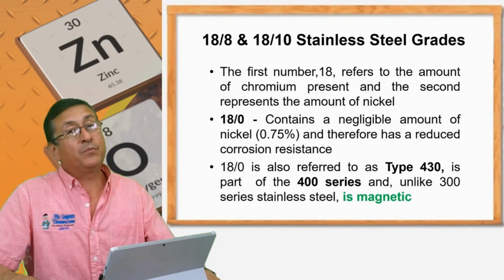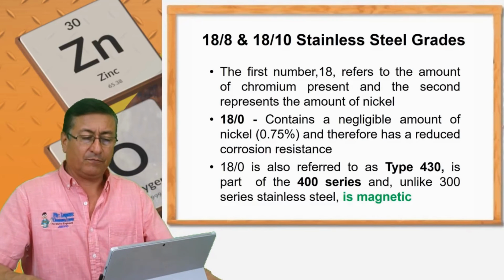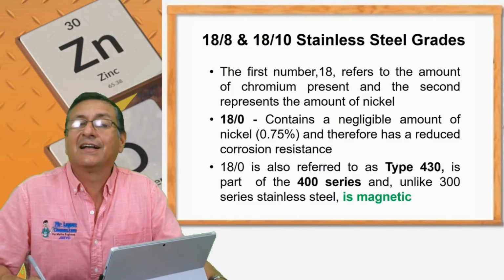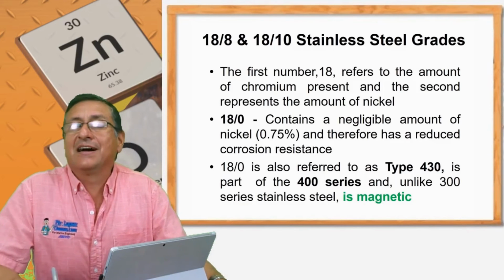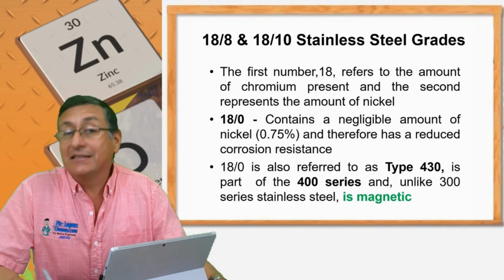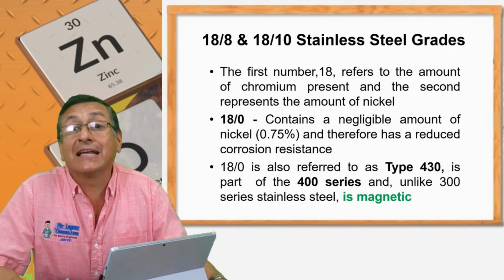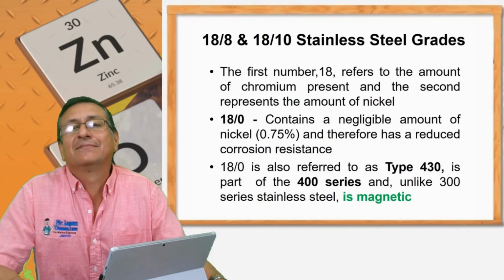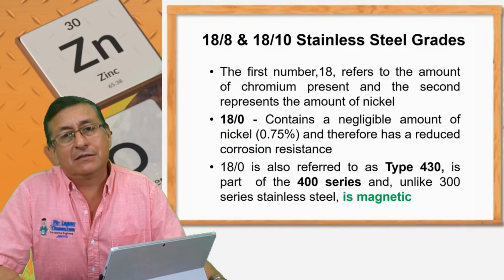It's basically pure chromium and a little amount of nickel. The series 400 are magnetic. They are the only series of stainless steel marine grade with magnetic properties, because the amount of nickel is practically nothing.